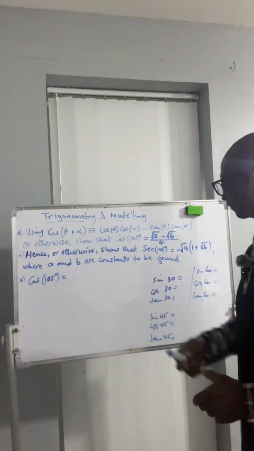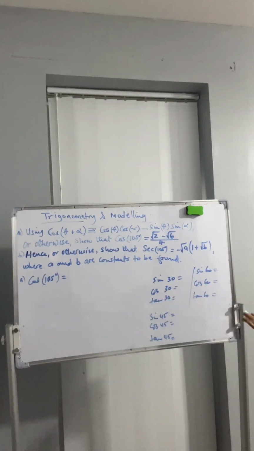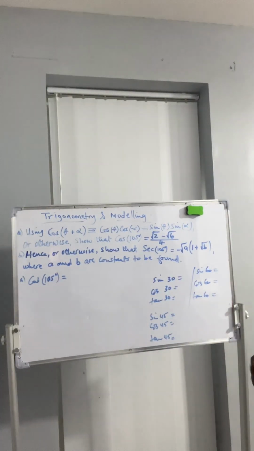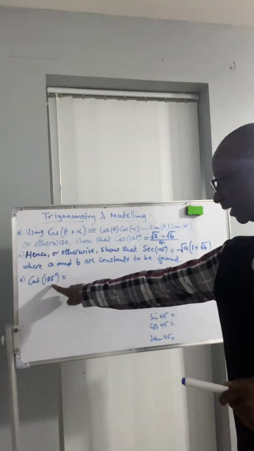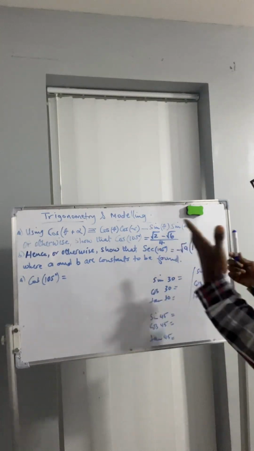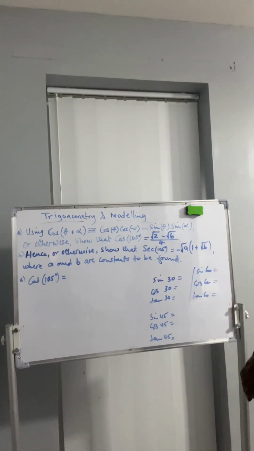Now you have 105. Which ones do you combine to get 105? Now you know there is 5 degrees, so automatically you know 45 is involved. So 45 plus what gives you 105 degrees? You know it's 45 plus 60 degrees.